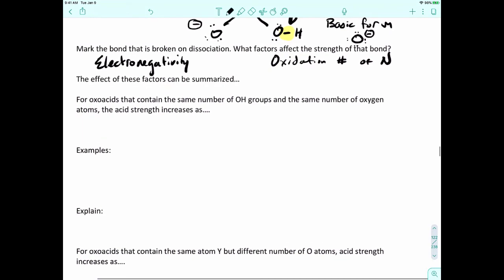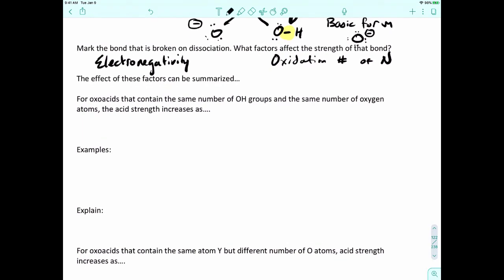For the oxoacids that contain the same number of OH groups and the same number of oxygen atoms, the acid strength increases as electronegativity of the nonmetal will increase. All right, so again, the acid strength increases as the electronegativity of your nonmetal increases as well.